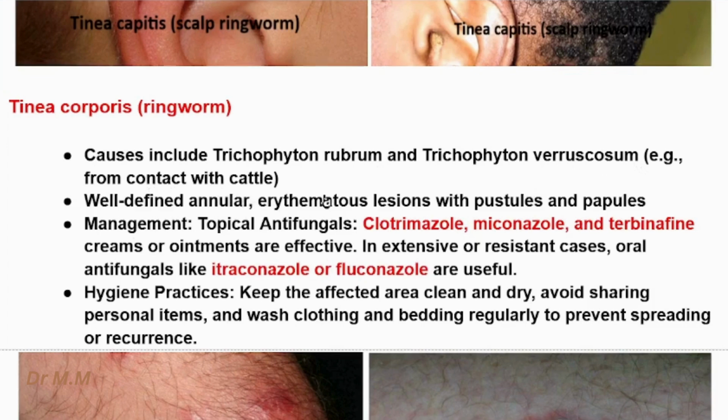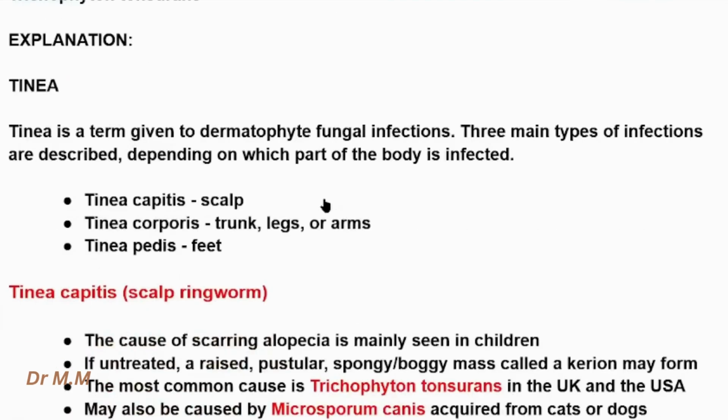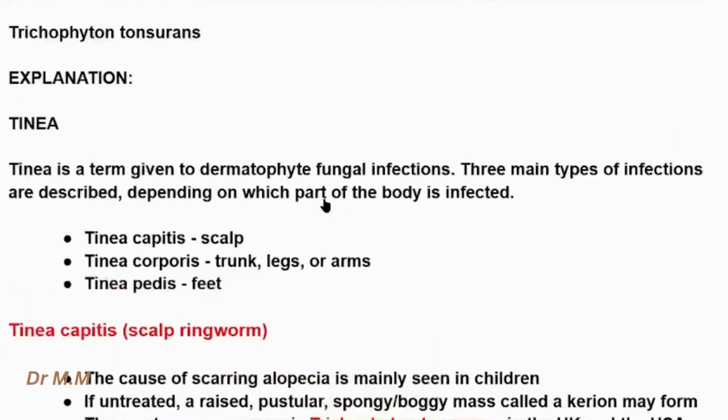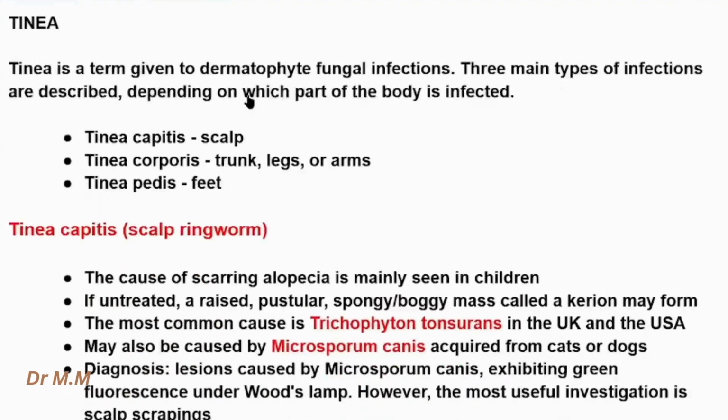If the question was asking about Tinea Corporis, then the answer would be Trichophyton verrucosum, but if the question is asking about Tinea Capitis, then the answer is Trichophyton tonsurans.